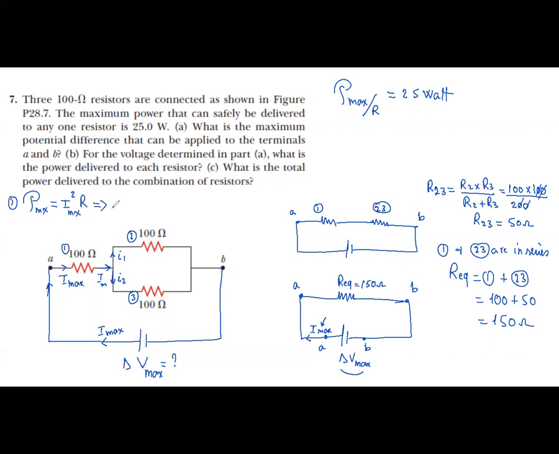So I max equals the radical of P max over R, which is 25 divided by 100. So we get 0.5 ampere.